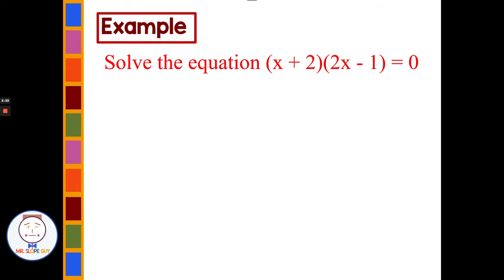So for example, if I factored a problem and I came up with x plus 2 times 2x minus 1 equals 0, I know that either this equals 0 or this equals 0. In order to multiply two numbers and get 0, one of those two things is true. So I can use that to solve by setting up each part that has a variable equal to 0. So I'm going to make some little equations.